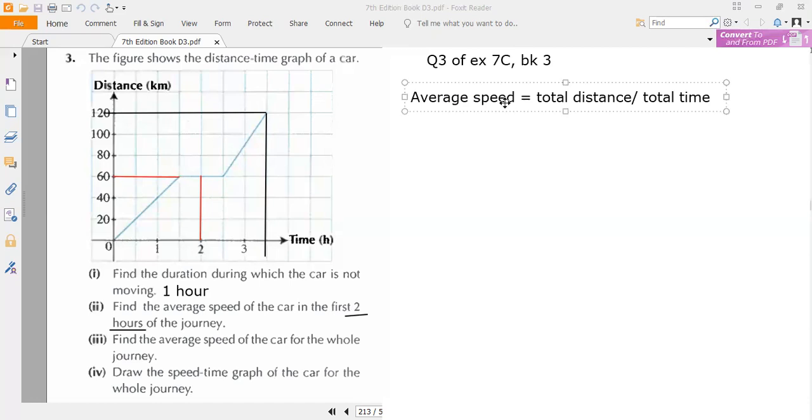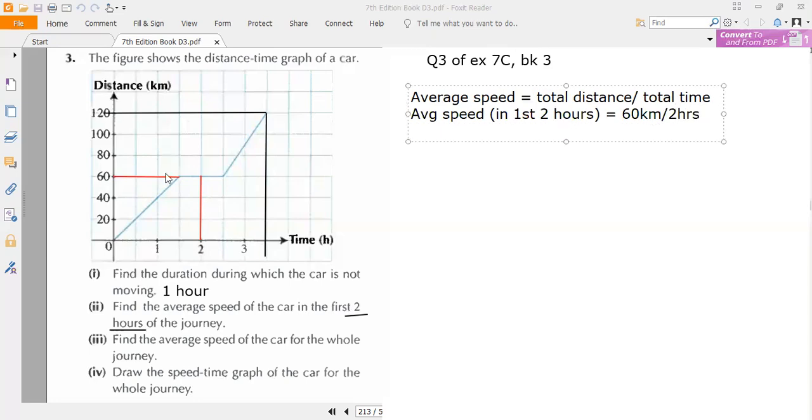Now I have to find the average speed in the first 2 hours. In the first 2 hours, the total distance covered is 60 kilometers, and the time given is 2 hours.